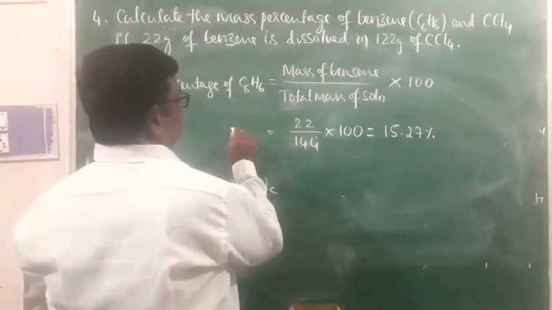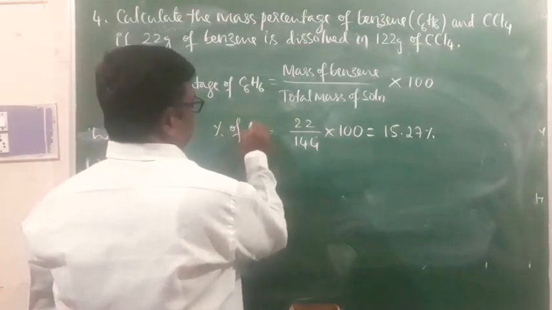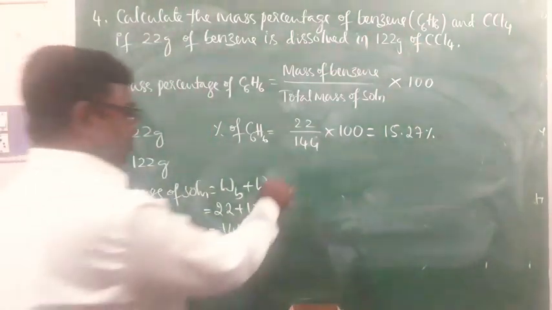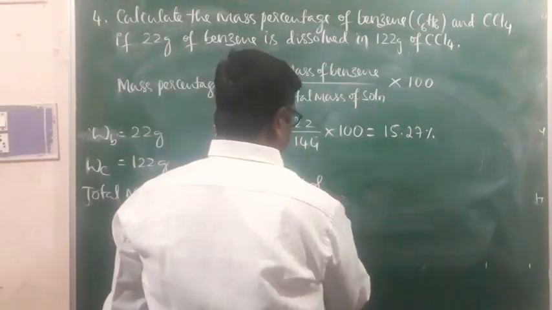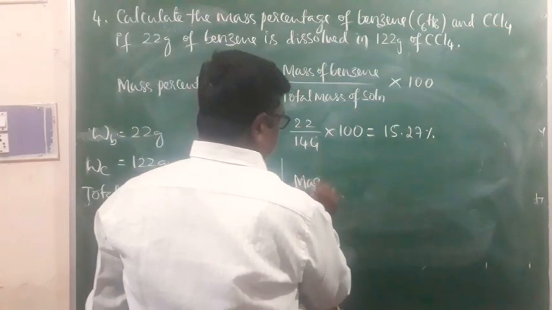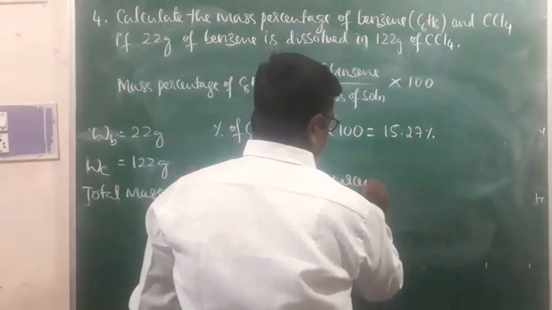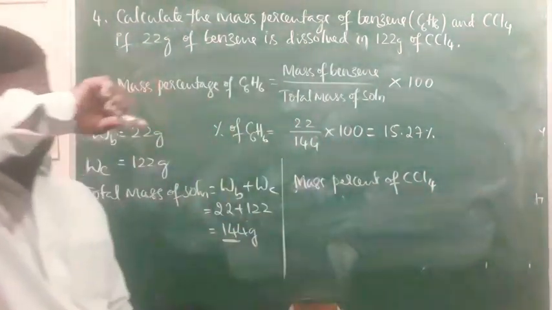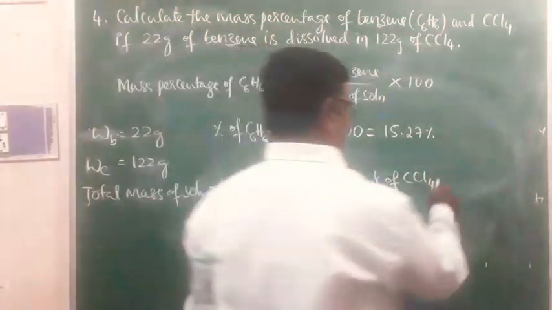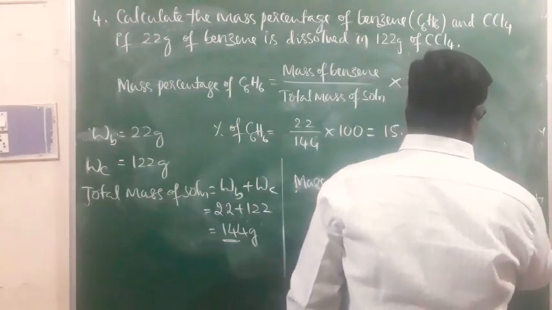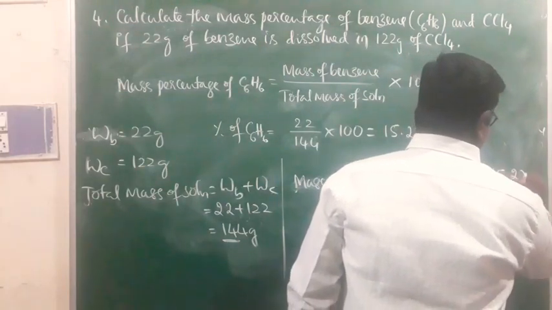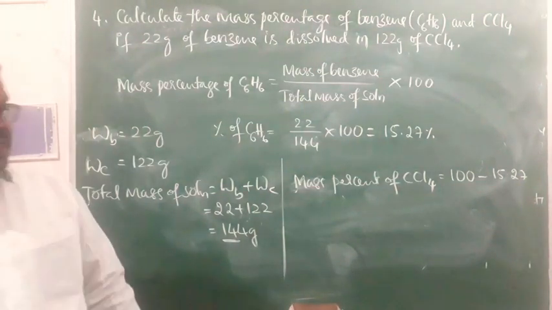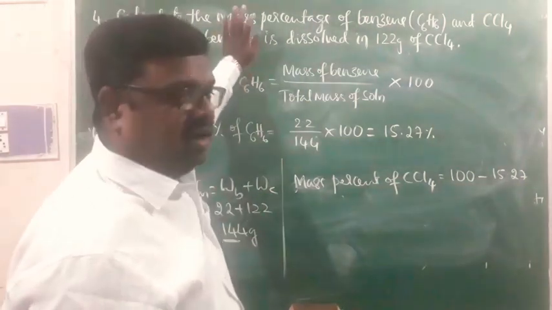That is the mass percentage of benzene. Therefore, what is the mass percent of CCl4? You don't need to calculate again. That's equal to 100 minus 15.27. Why? The sum of the mass percent of all the components is always equal to 100.